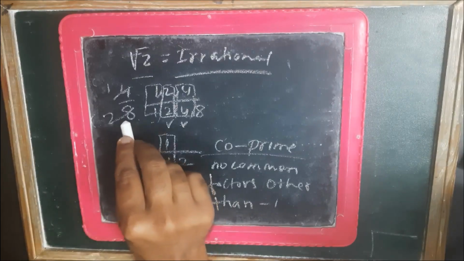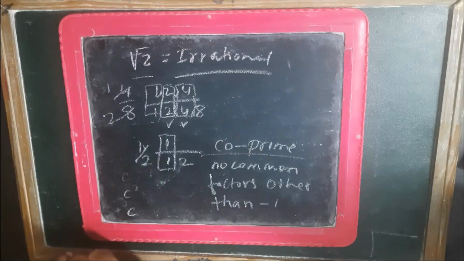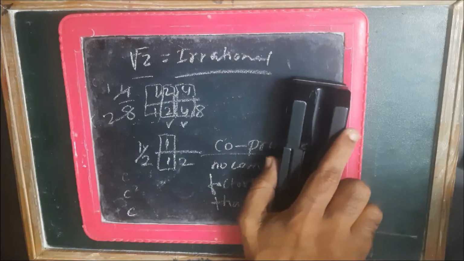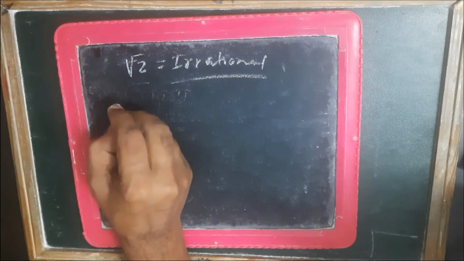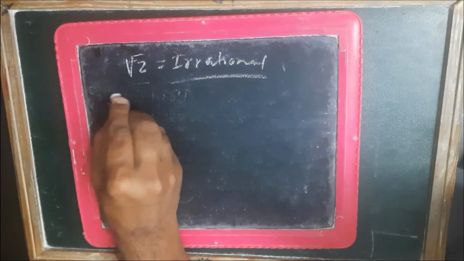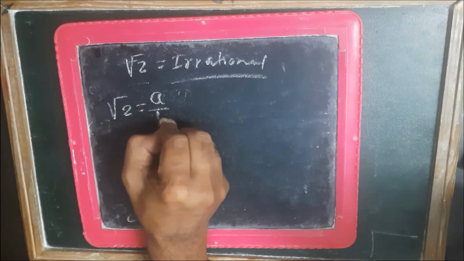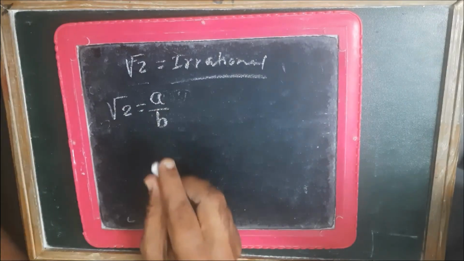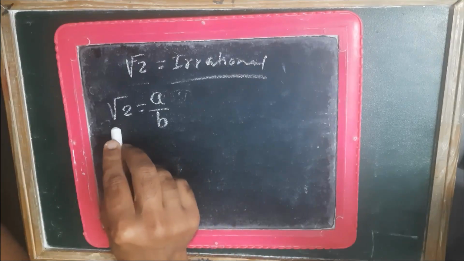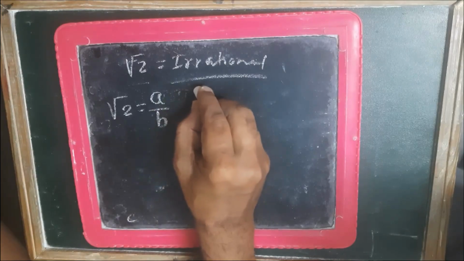So if you take any ratio, that can be reduced to co-prime. With this, let's assume square root of 2 is equal to a by b. We assume that a by b is a co-prime.